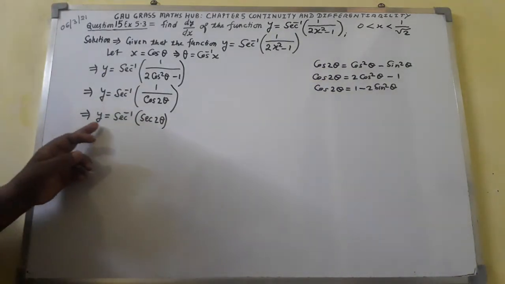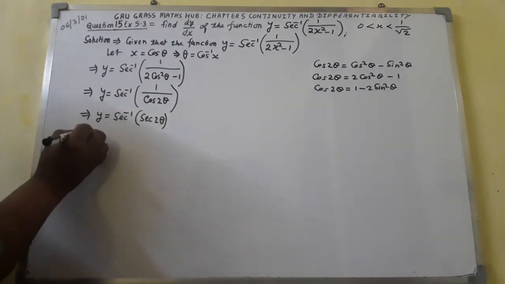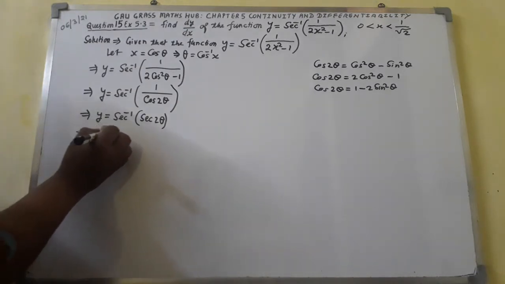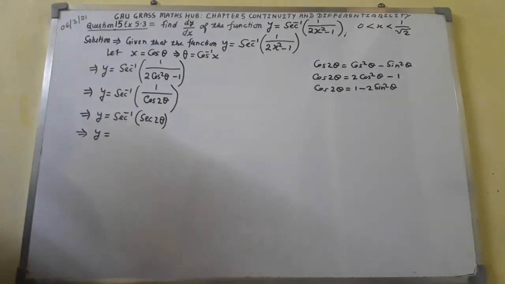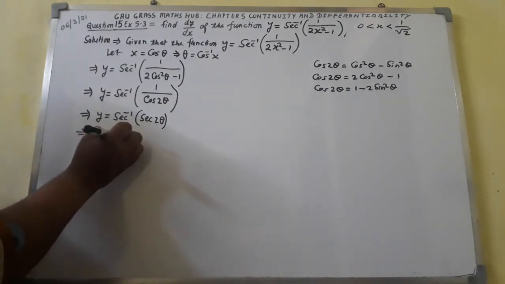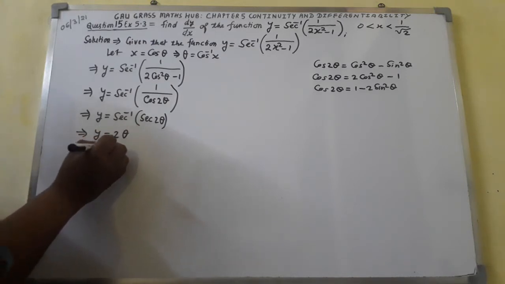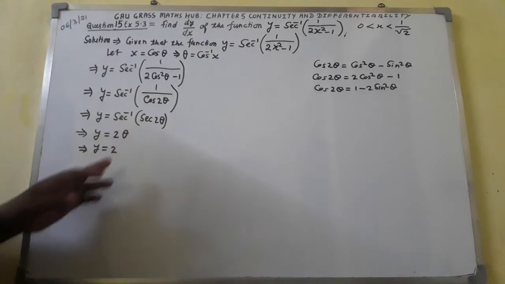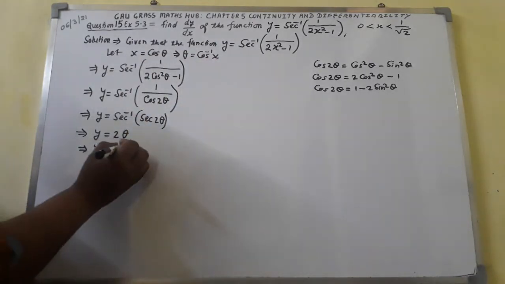Here you have got y equal to sec inverse in bracket sec 2 theta. Sec will be cancelled out, so you get y equal to 2 theta. In place of theta, I shall write cos inverse x, so y equal to 2 cos inverse x.